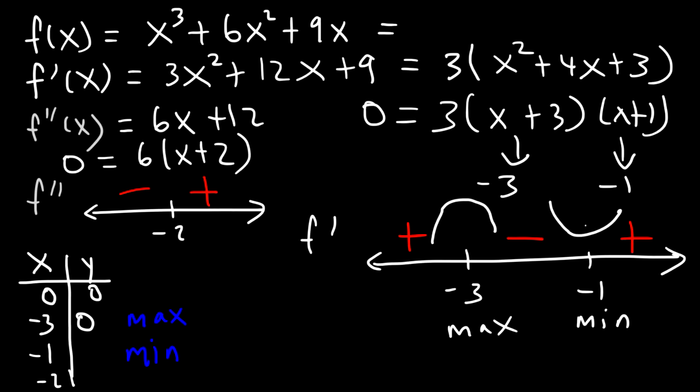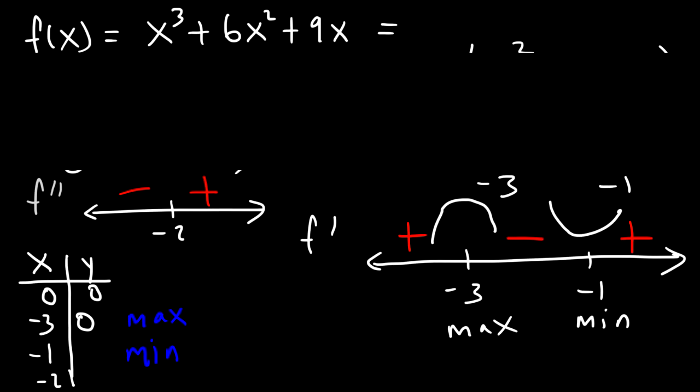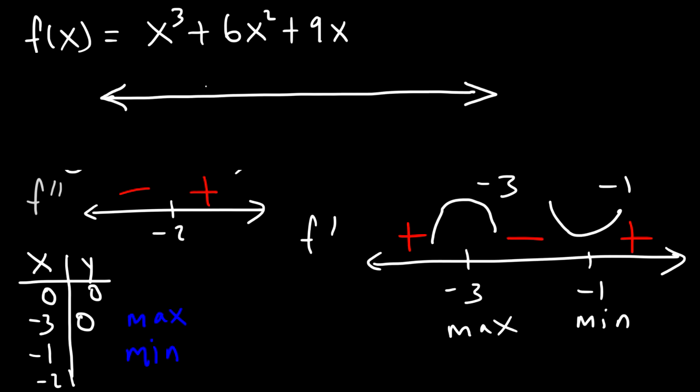So what I need to do is combine the two sign charts. So we're going to have the points -3, -2, and -1. On top, I'm going to put the sign for the first derivative, and on the bottom for the second.